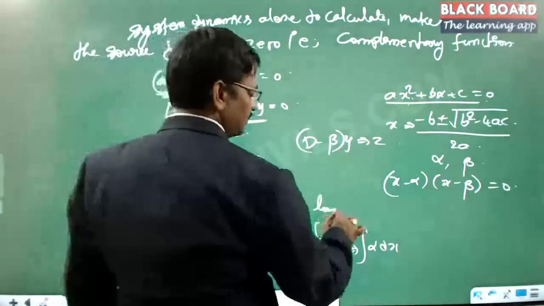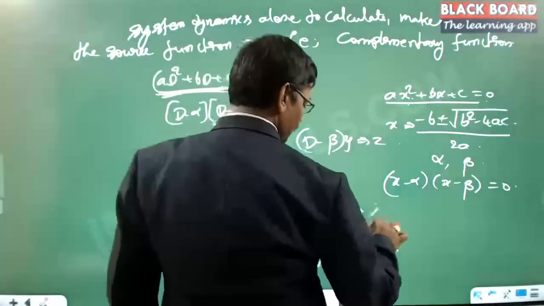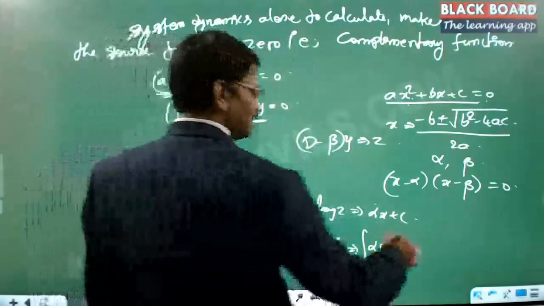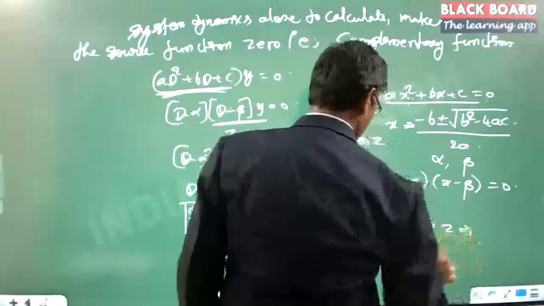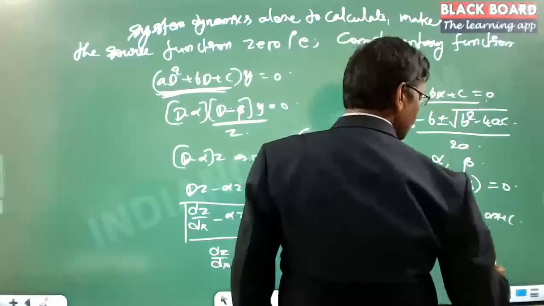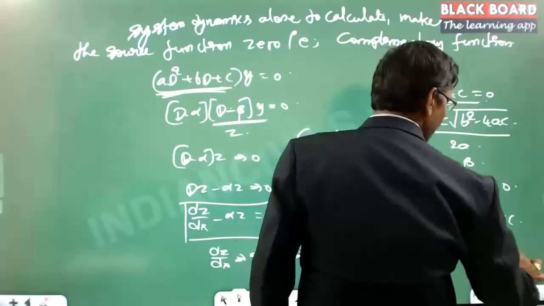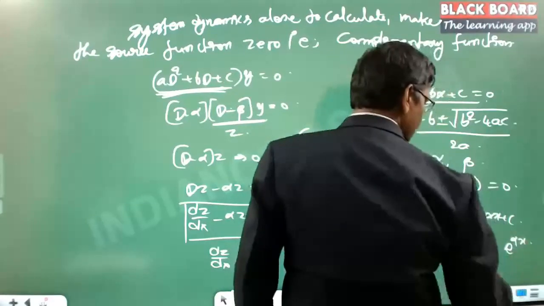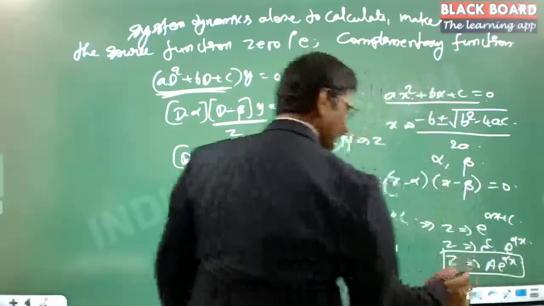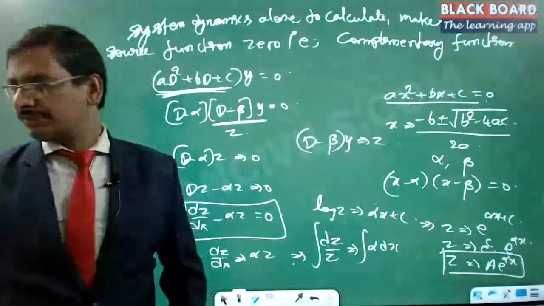So log z is equal to alpha times x plus c, right? Or this can be treated as z is equal to e power (alpha x plus c), or z is equal to e power c, e power alpha x, or z is equal to some constant a into e power alpha x, where a is the arbitrary constant.